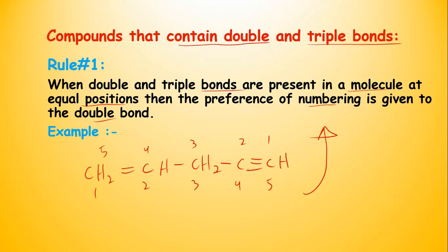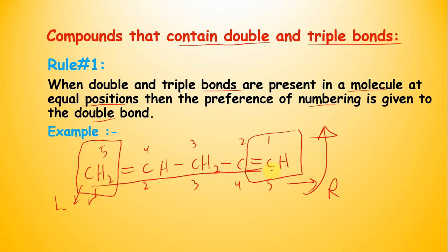If the carbon-carbon double bond and carbon-carbon triple bond are at equal positions, as I have told you earlier, the triple bond is present at the first carbon from the right side, and the carbon-carbon double covalent bond is present at the first carbon from the left side. So they are at equal position, so we will prefer the carbon-carbon double covalent bond. In this way this numbering will be correct, like we will start the numbering from the left side.